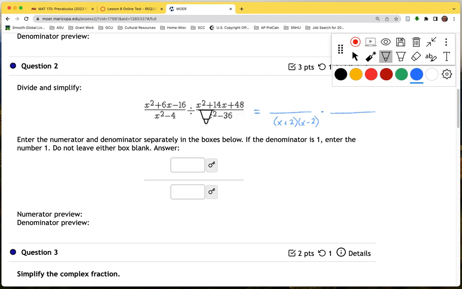It's going to be in the top, right? Because when we divide, we flip and then turn it to multiplication. So I'm going to put the x squared minus 36 up here, but that's going to be an x plus 6 times an x minus 6.